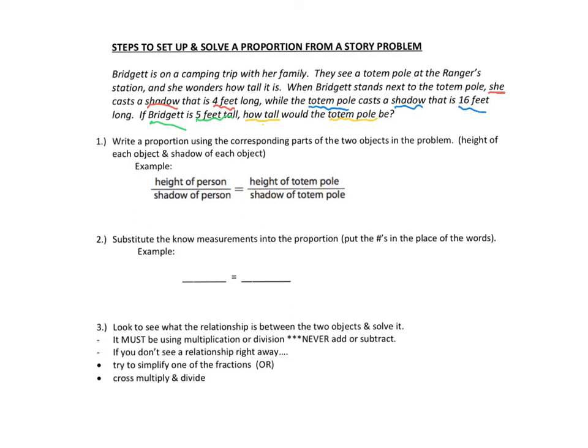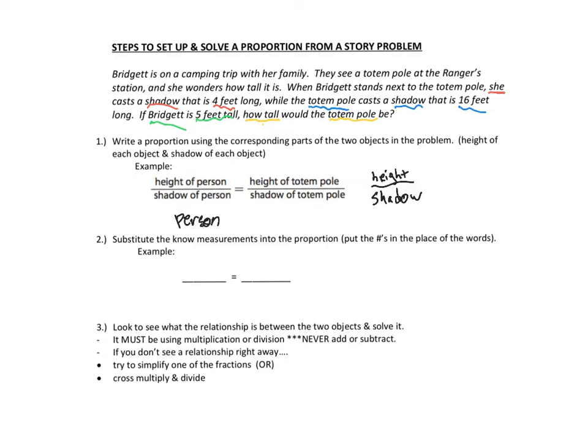So under step 1, I have the proportion already made out for you. What I want you to notice is at the top, we have height for both objects. And at the bottom, we have shadow of both objects. And then notice, on the left side, we have person, so the information about the person, the height and the shadow.